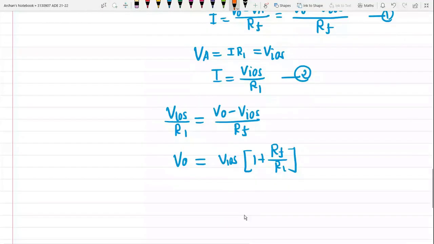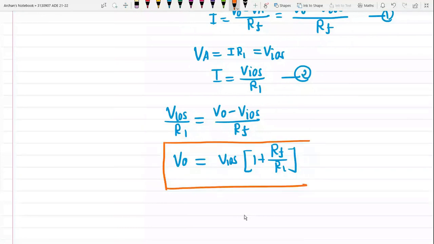And it shows the effect of input offset voltage on the value of output offset. Okay, so this input offset voltage produces the output, which is called output offset voltage. And this voltage not only depends on VIOS, but it also depends on the circuit components like RF and R1, as you can see.